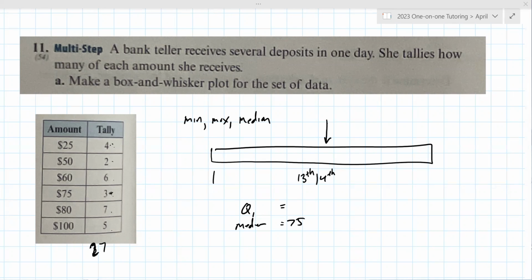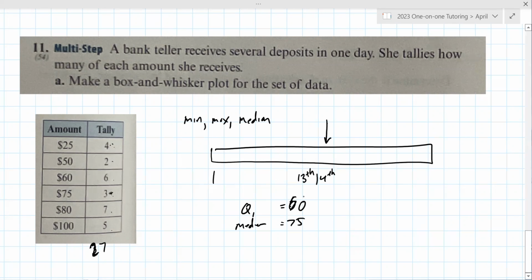I do remember doing these, but I didn't see them in a problem sense. I think it makes a difference here because if we choose the 7th, it's 60, because you got 4 plus 2, that's 6. But if it's the 7th and 8th, well, I guess it doesn't matter, because they end up being the same.